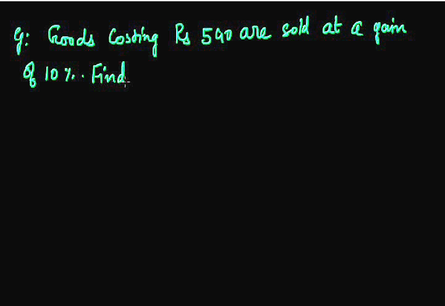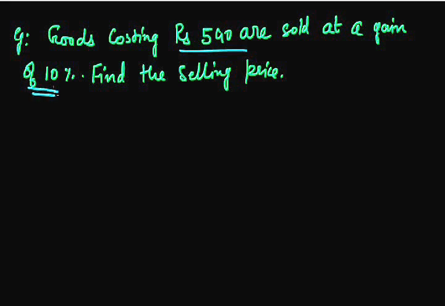Find the selling price. Here the goods cost rupees 540 and are sold at a gain of 10%. We know that we always calculate gain or loss percent on the cost price. So this 10% is also calculated on the cost price. So let us see how to solve this question.